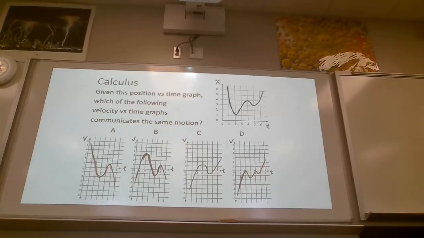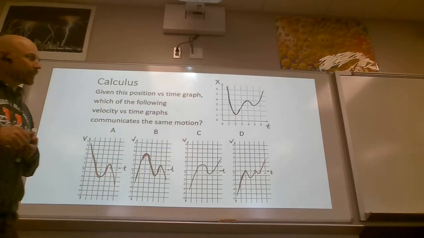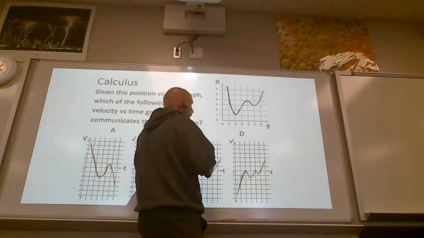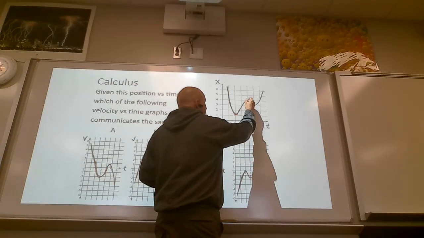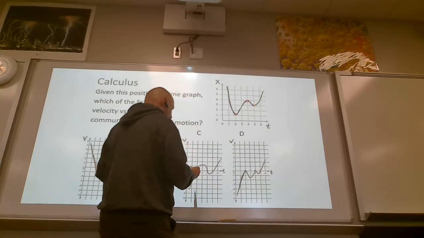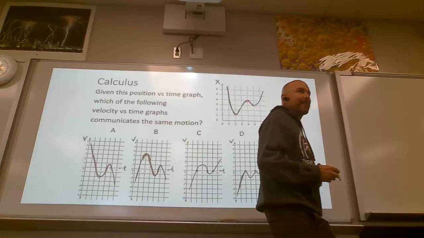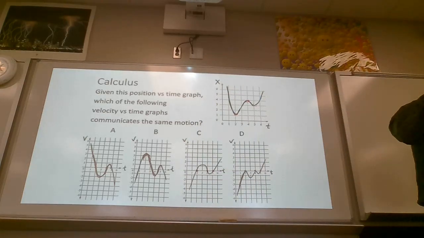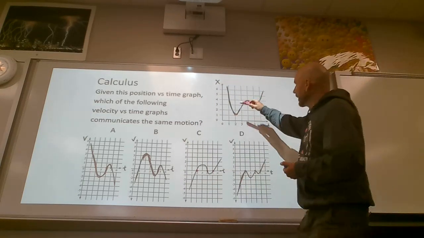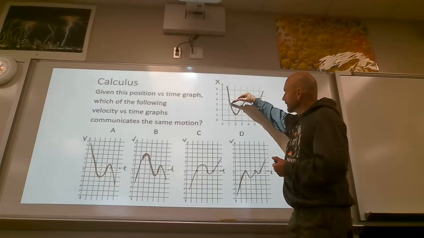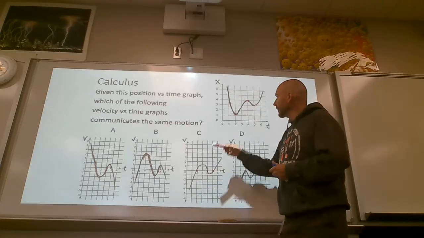Correct answer is C. Here's how I would go through this problem. I first look at my critical points, and that corresponds with 0, 0, 0. That's my first anchor. Then I go, okay, that's a negative slope, so negative value.